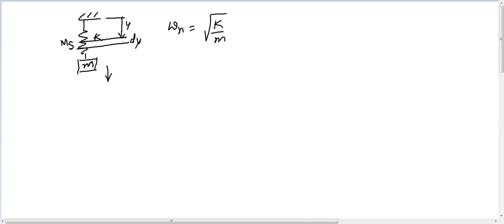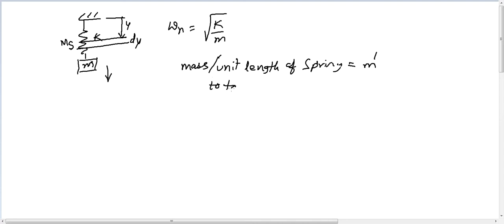Let us say the mass per unit length of the spring is equal to m dash, and the total length of the spring is equal to L. Otherwise we can say that m dash into L is equal to the mass of the spring, ms.